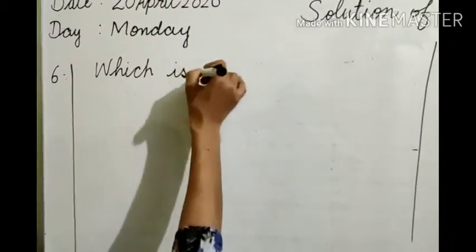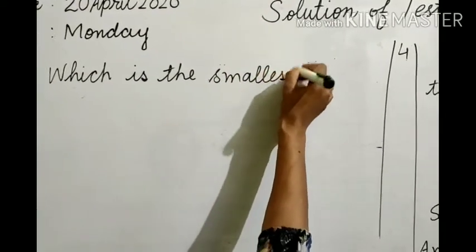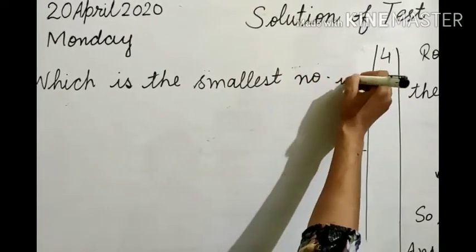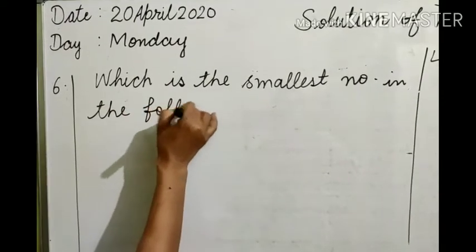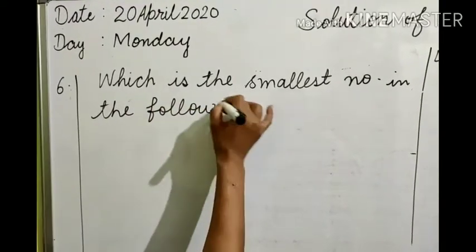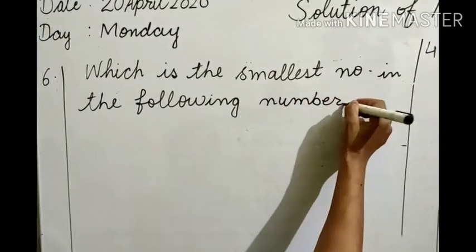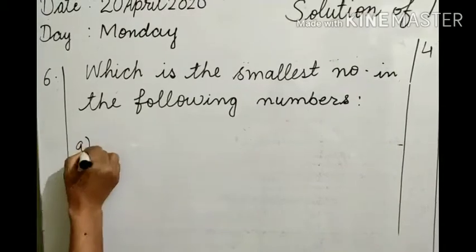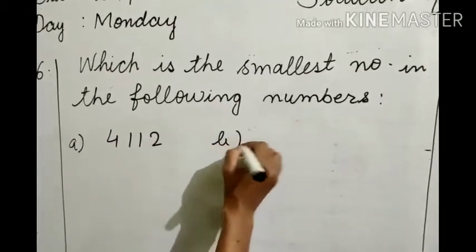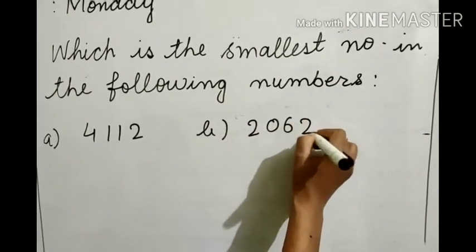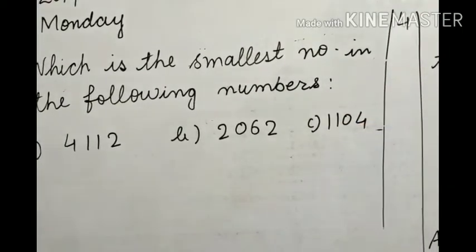Which is the smallest number in the following numbers? We are given 3 numbers: 4112, 2062, and option C is 1104.